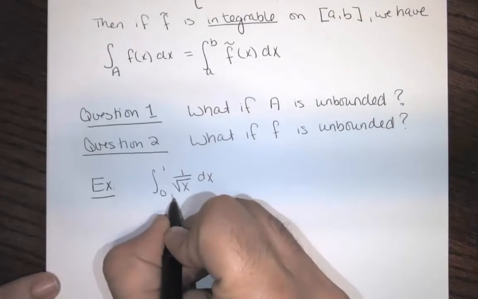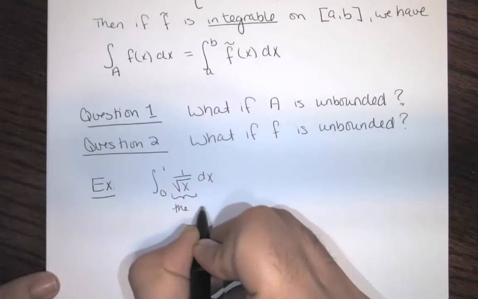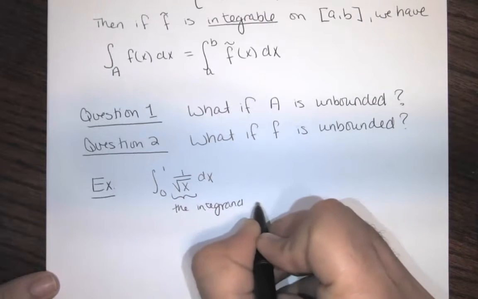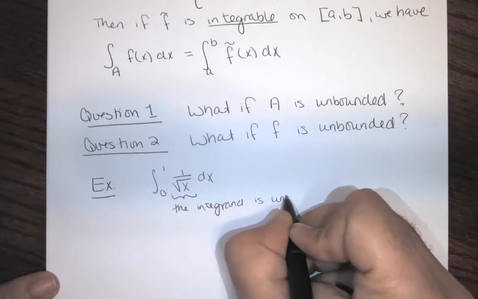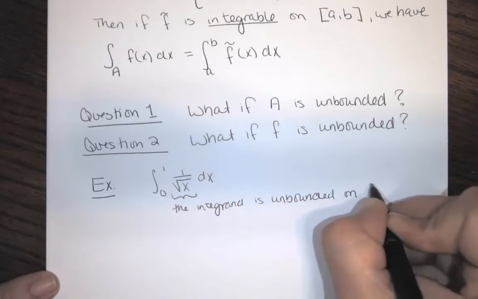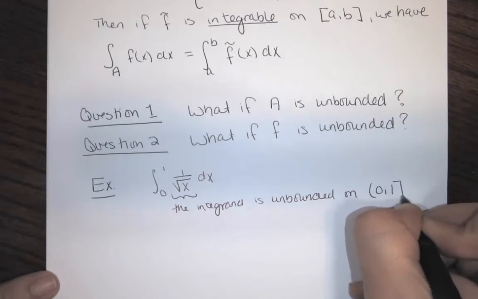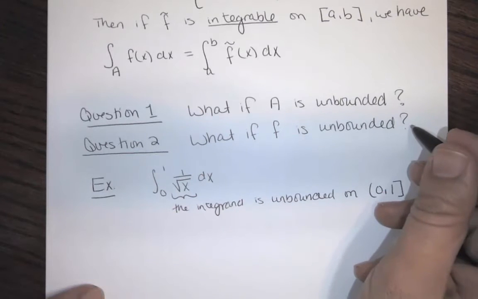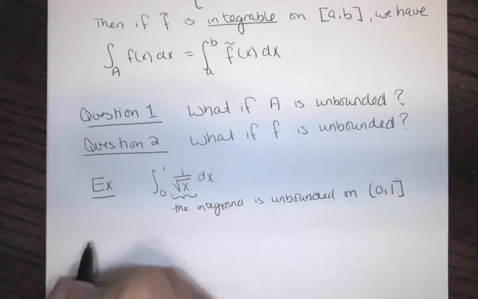In this case, the integrand is unbounded on the interval that is open on the left side. This would be an example of what we want to ask for question 2.